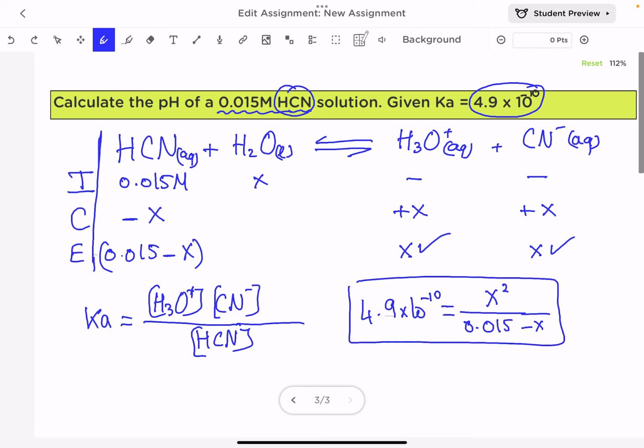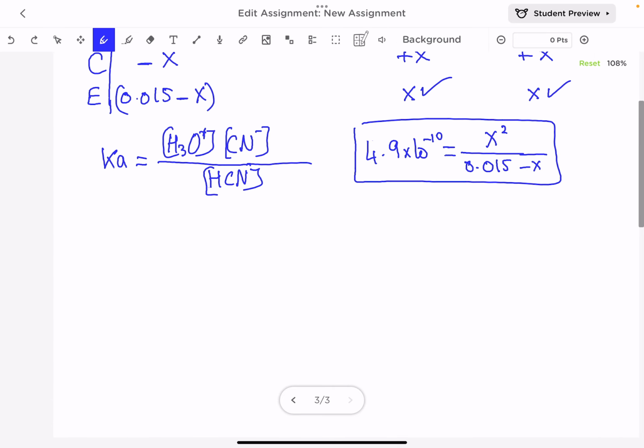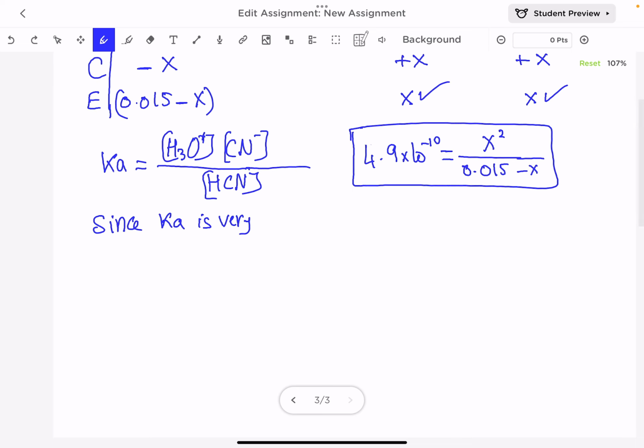When we reach this step, there's a very important assumption that we need to make in order to continue with our calculations. Now, since the value of Ka is very small, we assume that the calculated X is going to be a very small value.